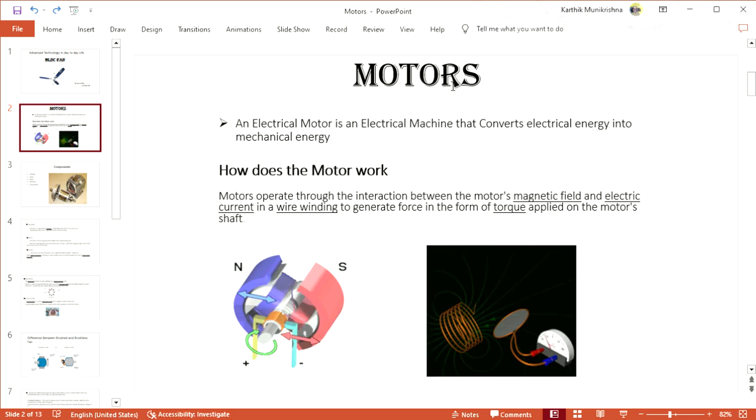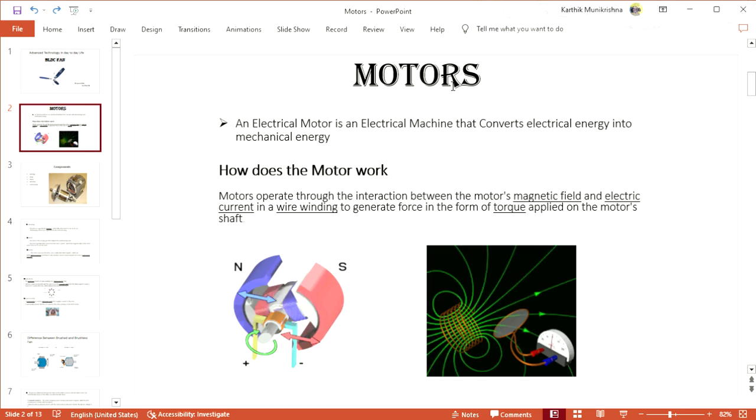As we know about Faraday's law of induction, when there are north and south poles, the magnetic lines are parallel to each other. In that case, inside there will be a rotor. According to the magnetic field, by using electrical supply, it will rotate and mechanical energy will be produced.